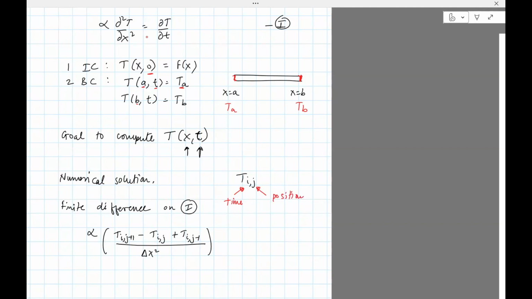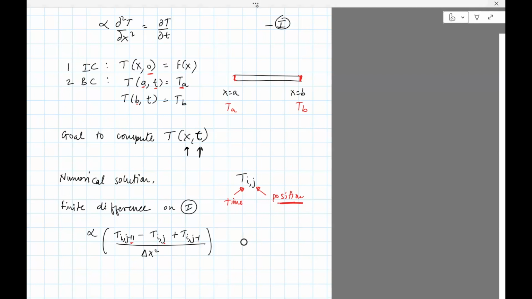So when you see here, it's basically finite difference on x. It's finite difference on position, the second index, and that's why you see the second index changing. It's j plus 1, j, and j minus 1. So that's the central difference for the position index.